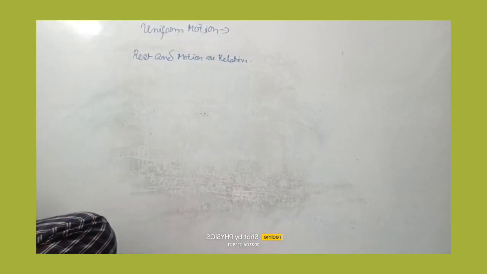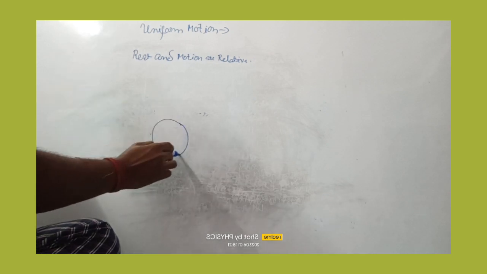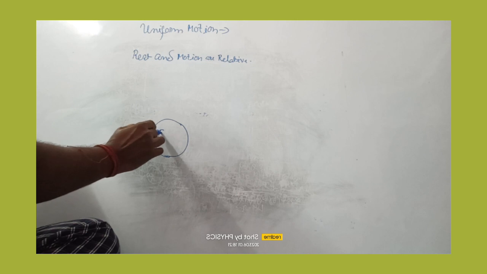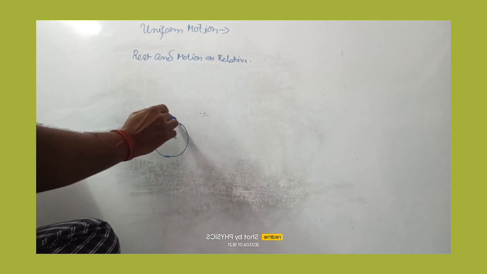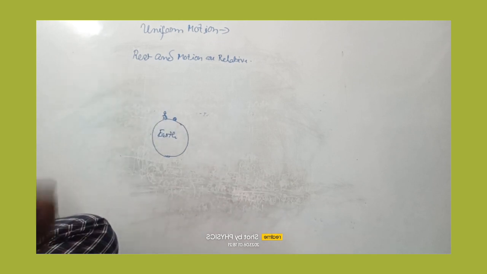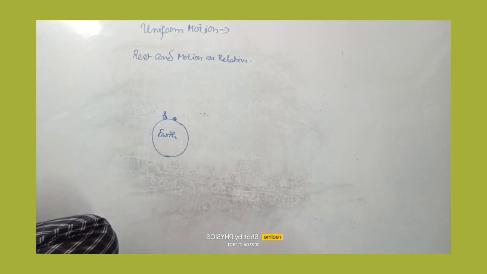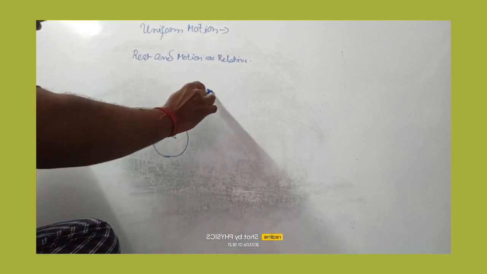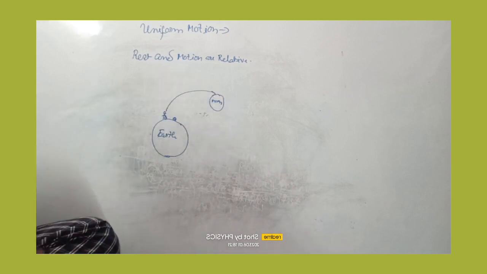What does it mean? When we are on the earth and standing here, we see an object at rest. But when we go to the moon, what do we see?